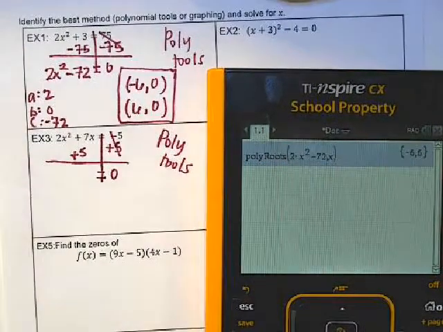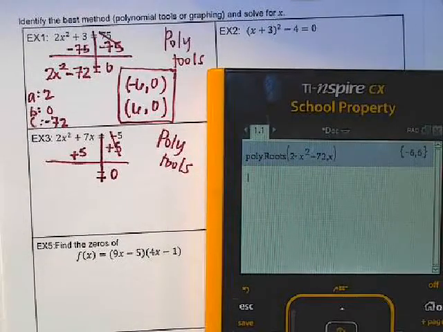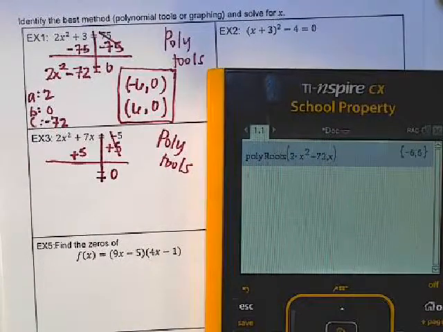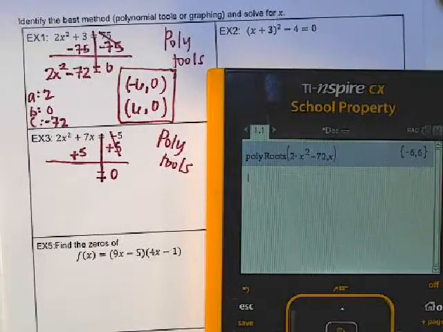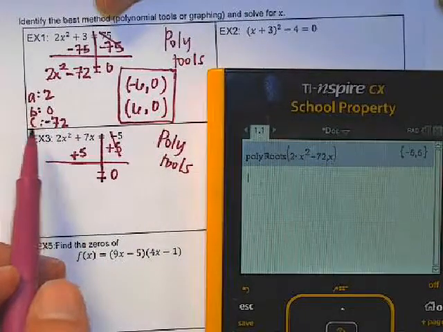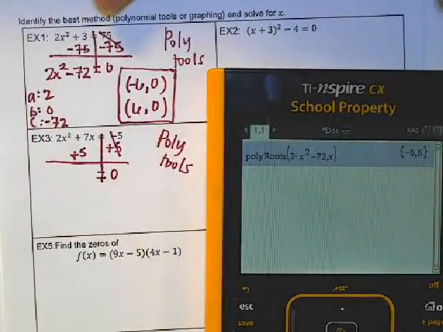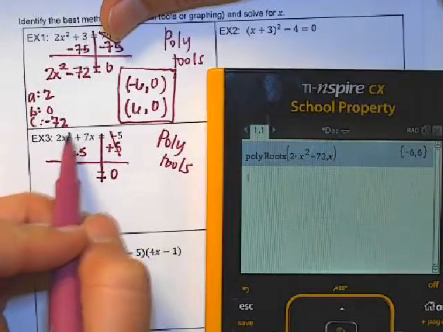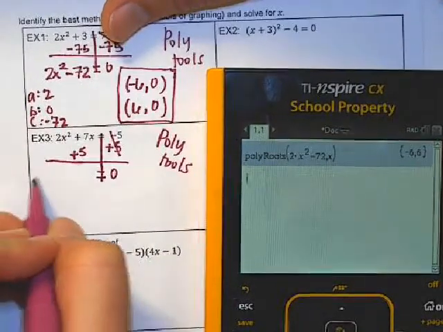Freeze and look up here. It is important that you write these in the correct order, because when you plug them into those 3 boxes of the calculator, that A, B, and C, you need them in the right order. You always write whatever the x squared is first. So this is a 2x squared first.